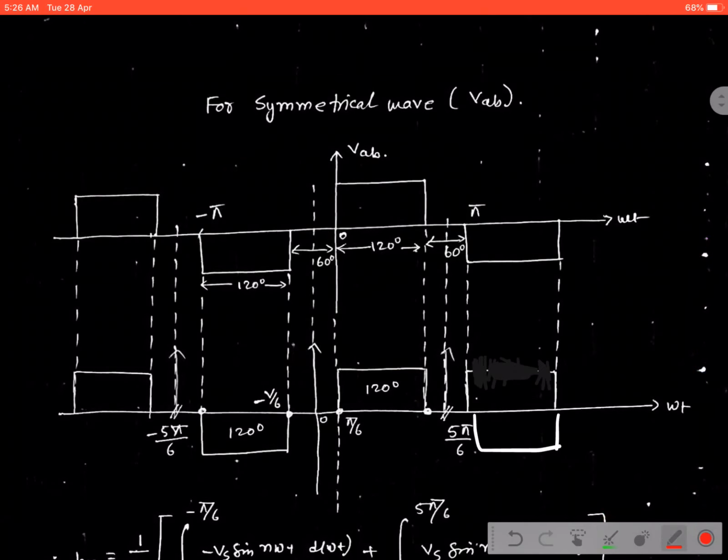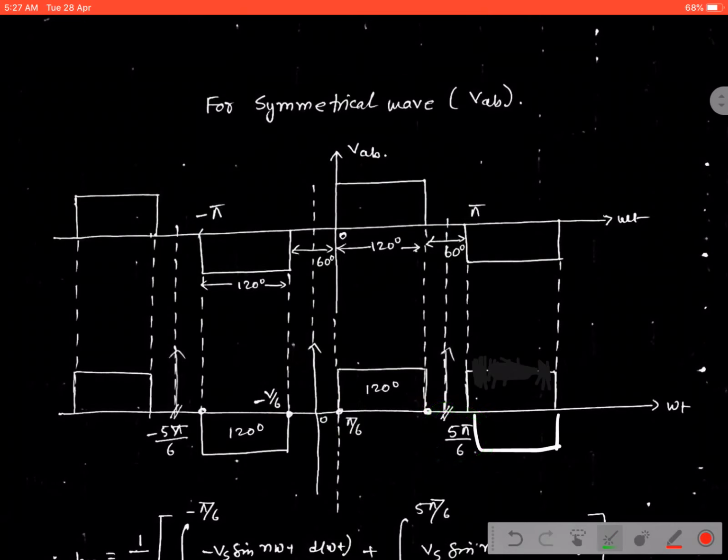Now see what happened. In this particular case, it's very easy to understand. This point has started from 0, so it will be plus pi by 6 and this point will be 5 pi by 6. Why?